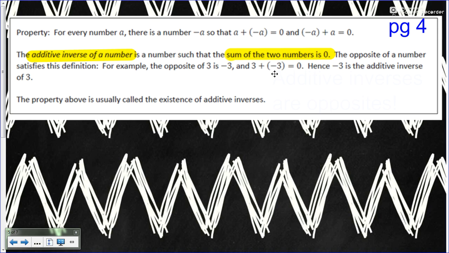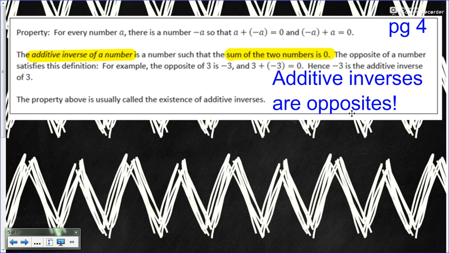And if we add 3 and negative 3 together, we're going to get 0. And similarly, if we have negative 3 plus 3, we also get 0. So that tells us that negative 3 is the additive inverse of 3. And again, additive inverses, just a fancy way of saying opposites. And so this is our first key vocabulary word for this unit, additive inverses, and it just means opposites.